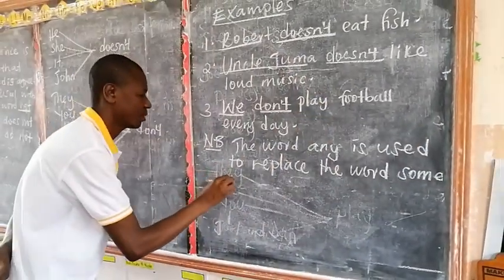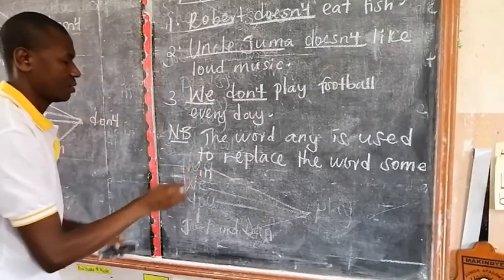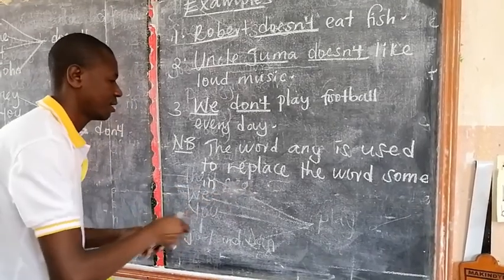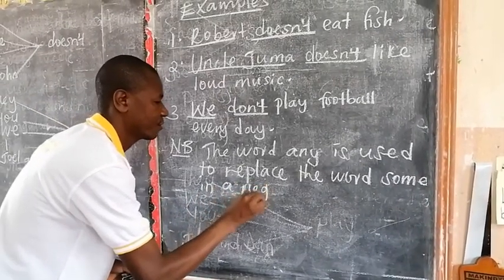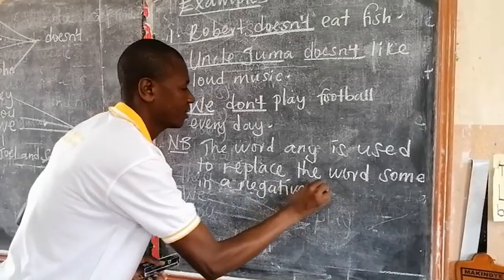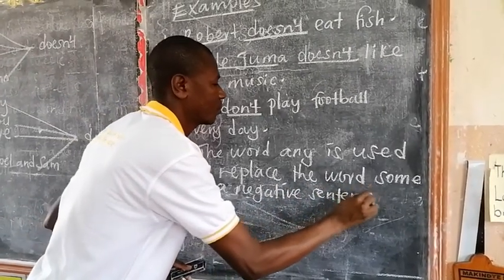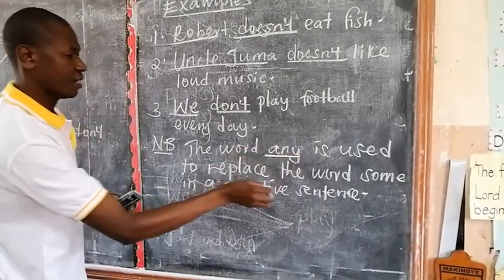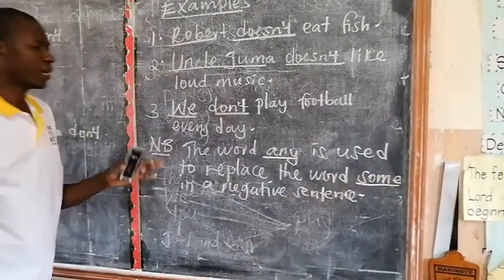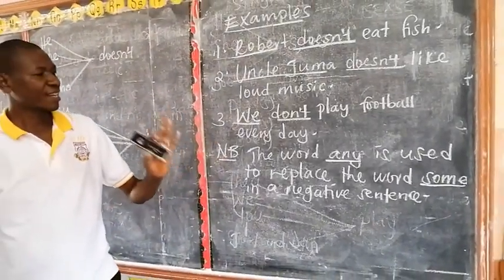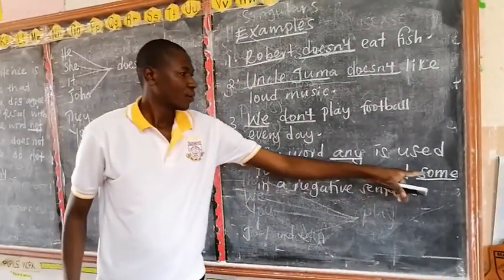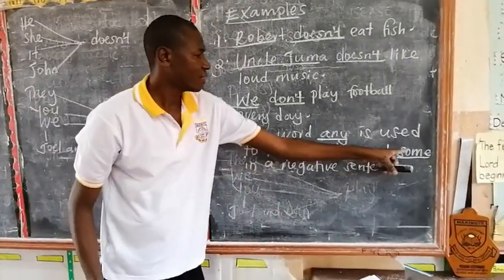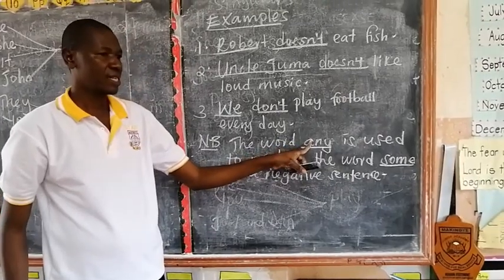Replace the word some in a negative sentence. So we have the word any here and the word some. Commonly, when we are constructing a negative sentence, make sure this word some is changed to the word any.